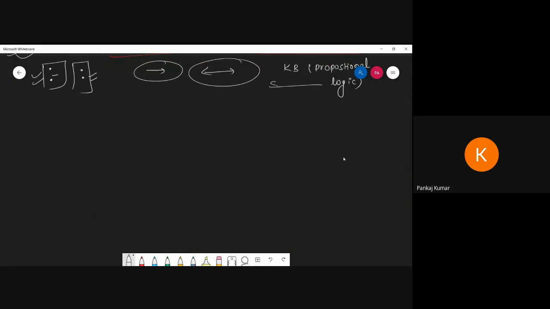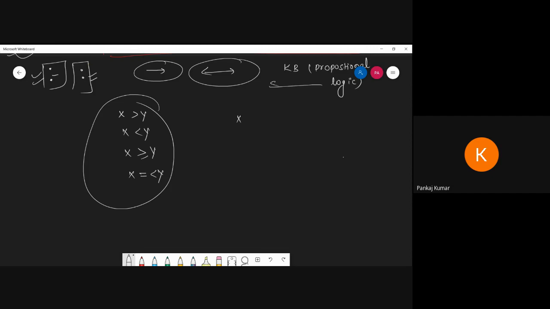Suppose I am writing x is greater than y; that is very easy. X is less than y; that is also easy. X is greater than or equal to y; this is also understandable. And x is equal to or less than y. These are the basic things we have to understand.